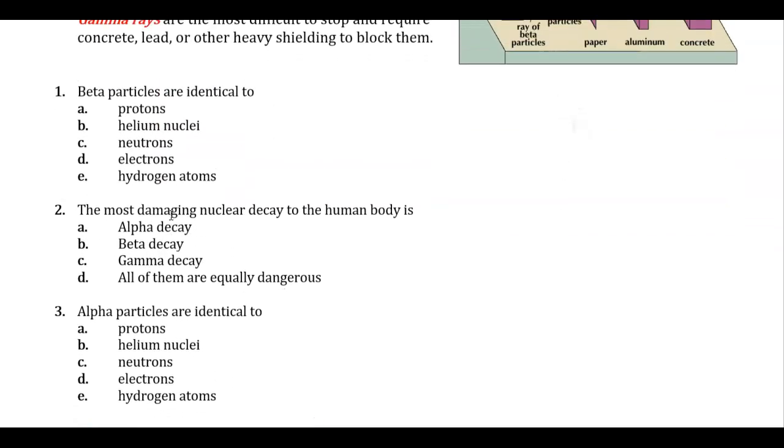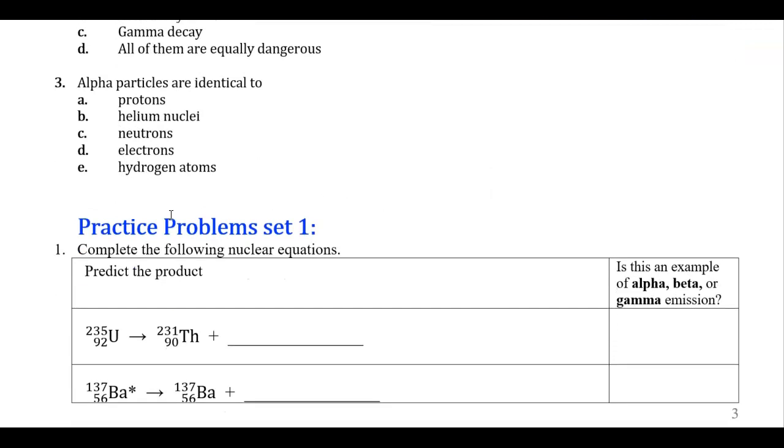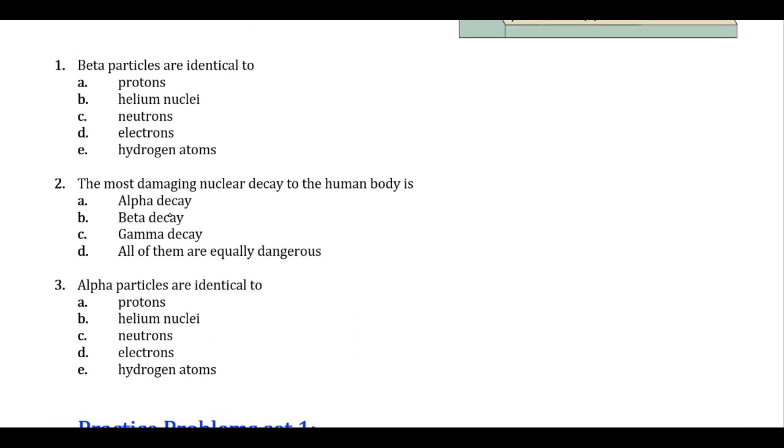So, we need to answer these three questions, and we are done with this handout, and you will need to do these practice problems by yourself. Okay, so beta particles are identical to, and you know that they are identical to electrons.